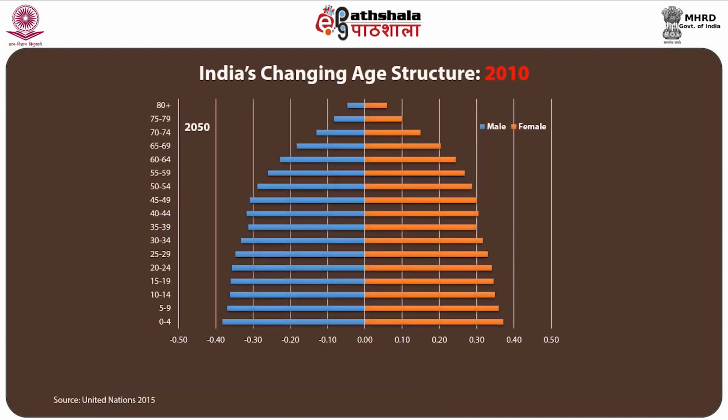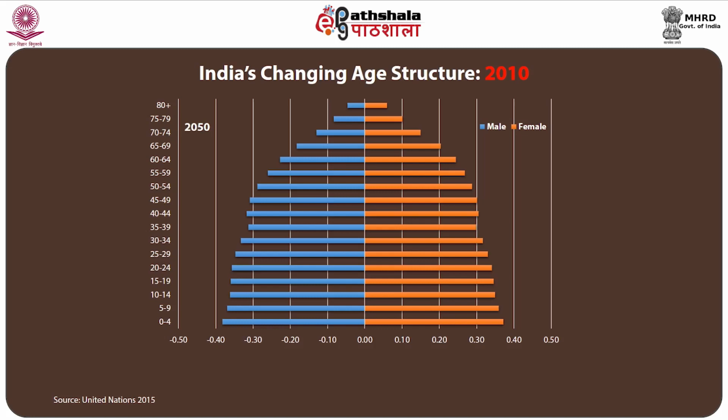If we look at 2010, we will see that India's age structure is now changing, in the sense that the addition to the younger age group population is less and less, but because of the earlier high fertility, we also see a shape of the curve which is adult bulging. That is, there is a large proportion of people in the working age group in India currently, because lower and lower numbers of people are born in the younger ages.